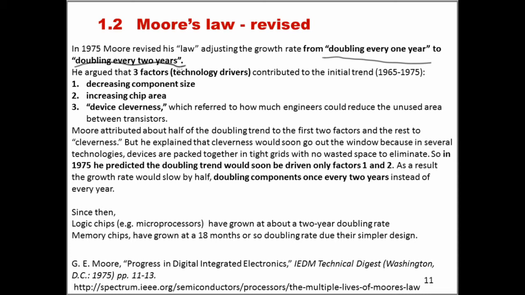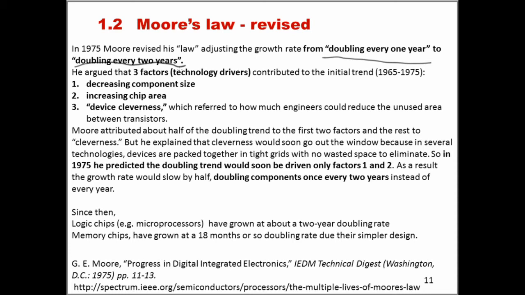And the point made by Moore at the time was that this third point was, in a way, lost, because there was no more cleverness to put too much into the device design.